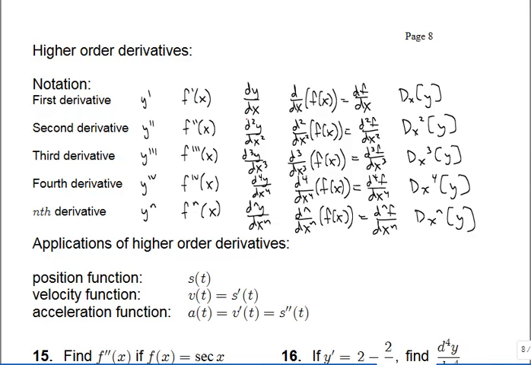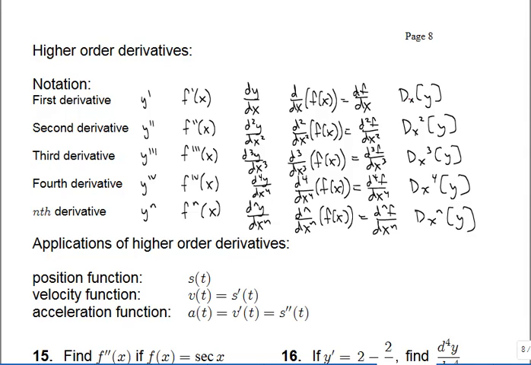That's equivalent to this notation over here of dy over dx, the derivative of y with respect to x, or the derivative of f with respect to x, or just df dx. And then you also will sometimes see this operator notation with this capital D with a little x and then the y inside. So this means the derivative of y with respect to x.